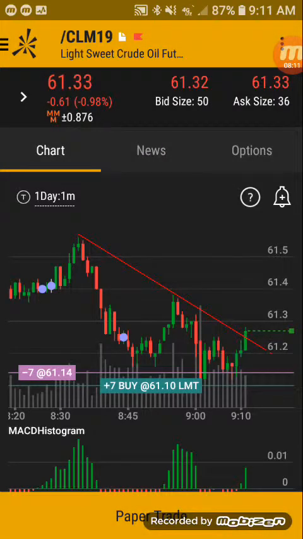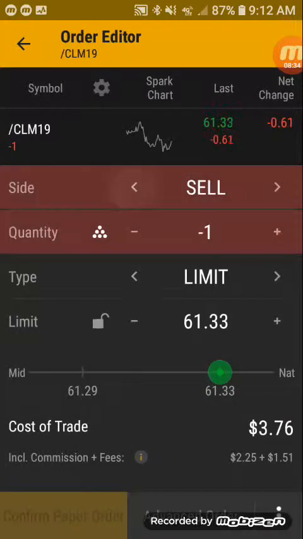Okay, so being that I have 200K of imaginary money or simulator money in this account, I can sell more contracts at a higher price to get a better price. So I'm going to show you how to do that. I'm going to go paper trade, sell.